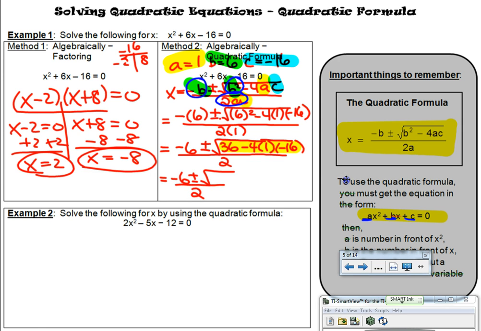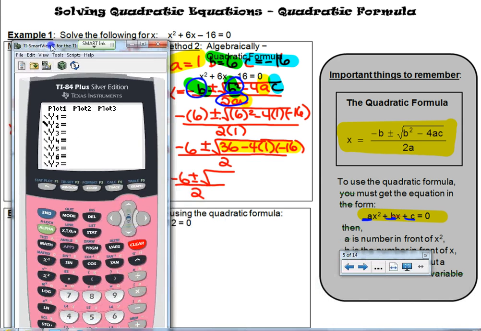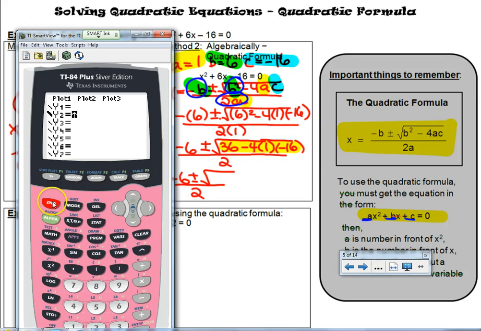All right, now that part I would recommend just putting in your calculator. So you could start off at the step before the one I just did and just do 6 squared, like this, minus 4 times A, which is 1, times our -16.